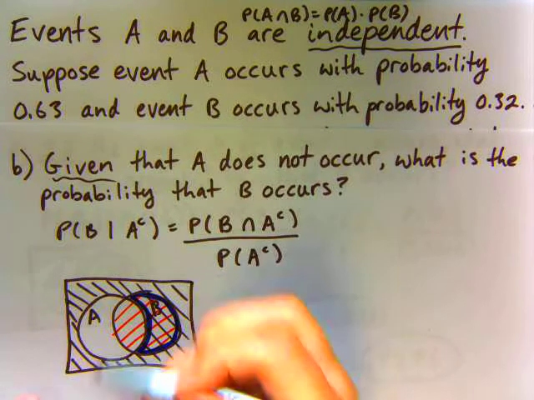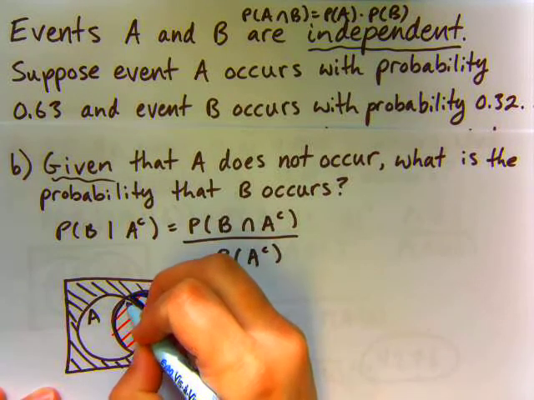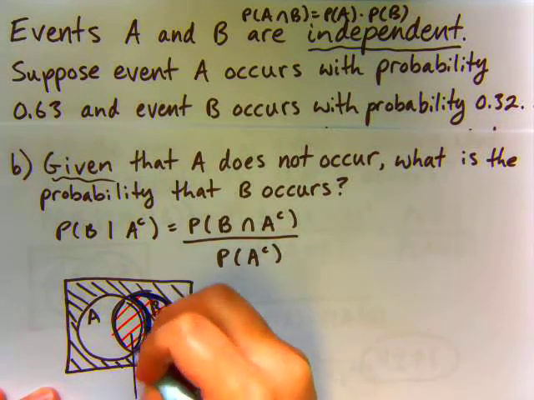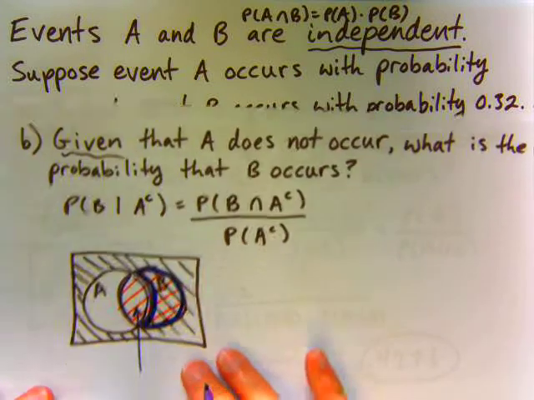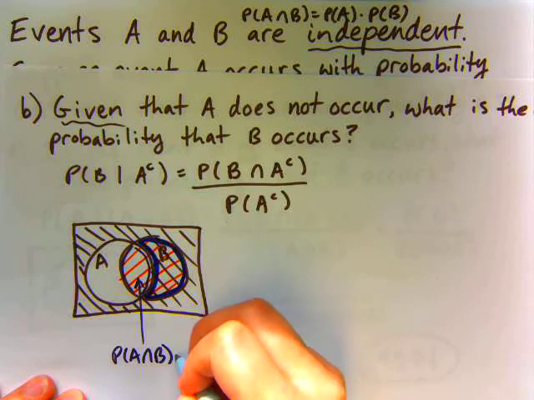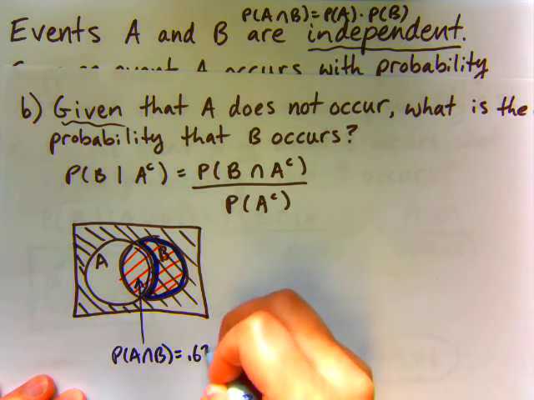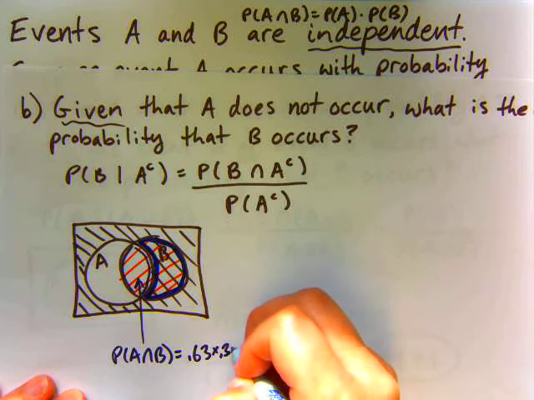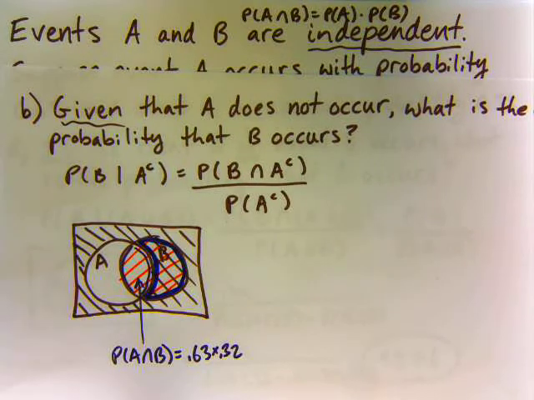So if we're looking at this piece in purple, that's the probability of A and B. Because they're independent, and only because they're independent, we can write that out as 0.63 times 0.32. That's a rule only because they're independent.